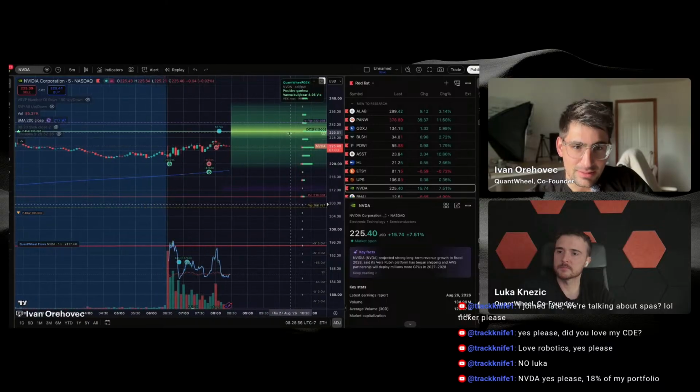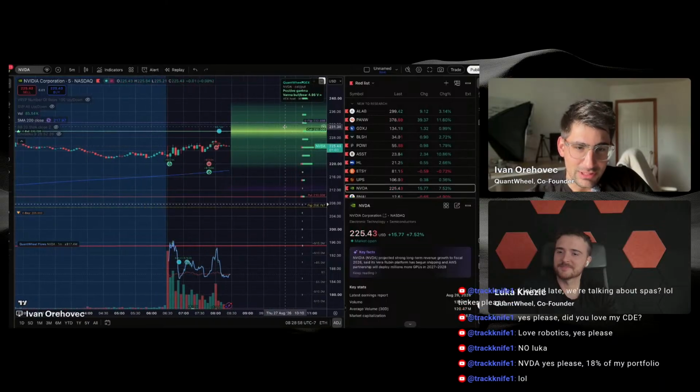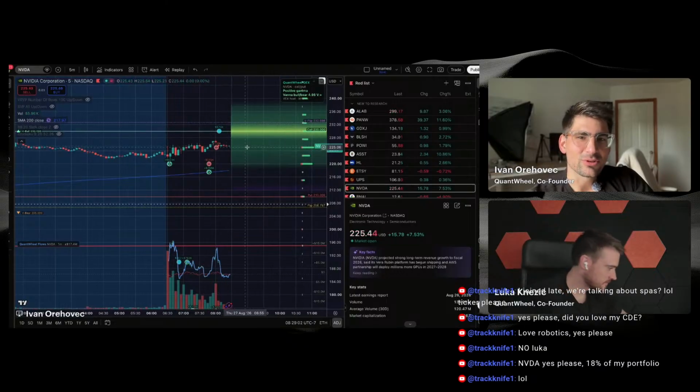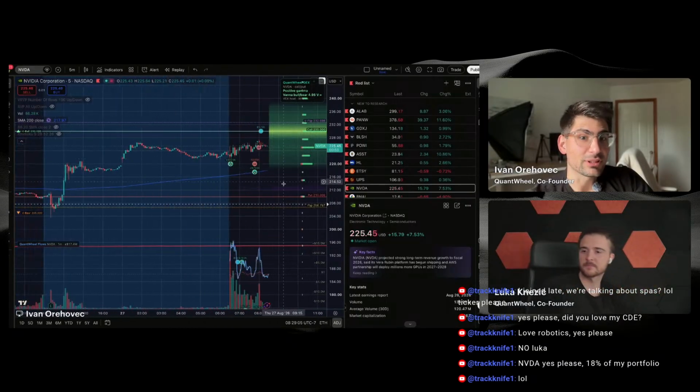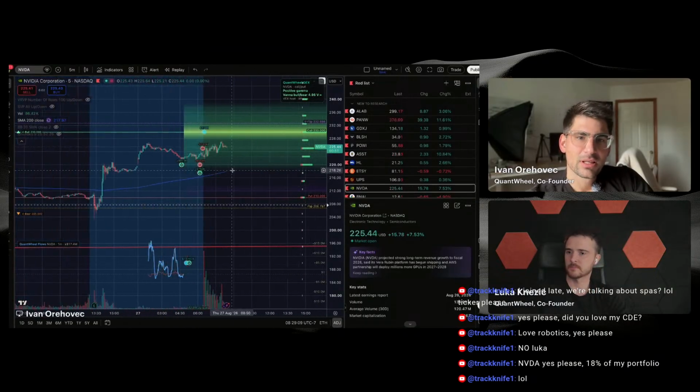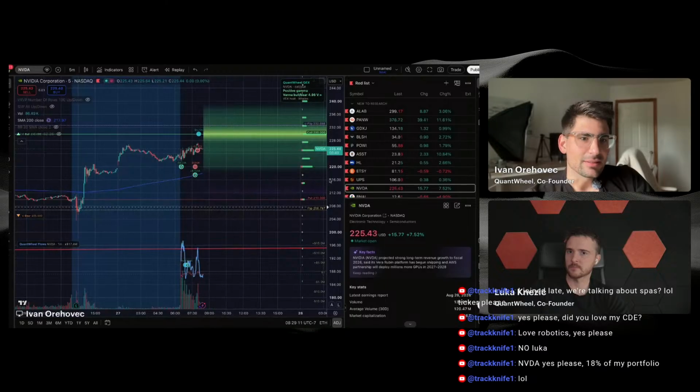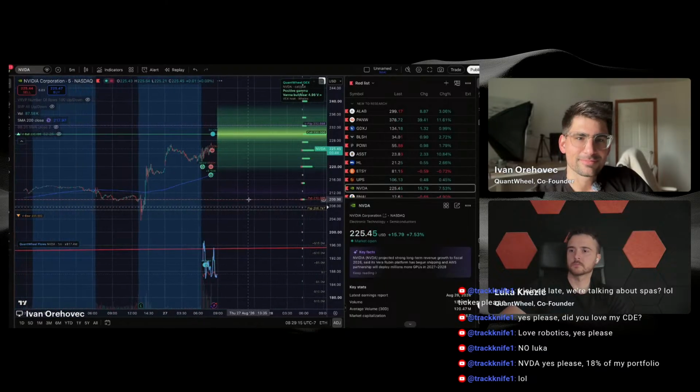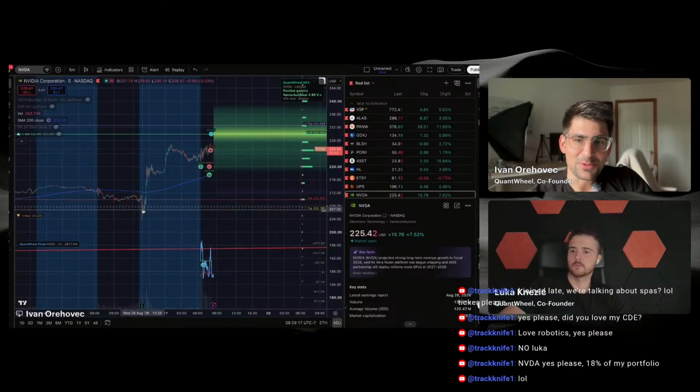But yeah, this is giving us 230 as our vanna target. If everything stays normal, it should drift higher to 230. There's no concerns from the GEX side for Nvidia. Very nice trade. Congrats to everyone. I had an alert here.